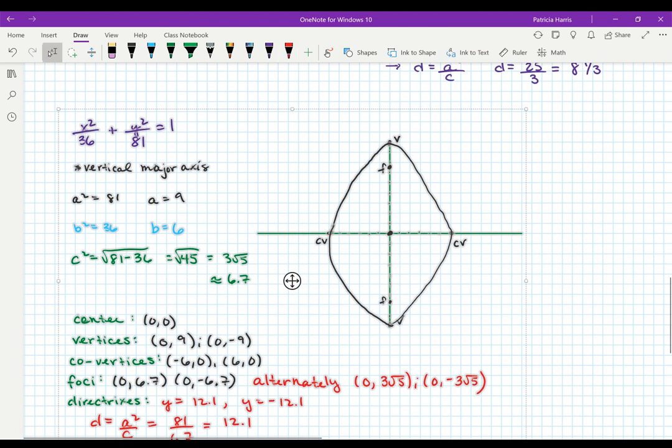And I made my graph a little too small. So let's do a little extending. Remember, so it's going to be perpendicular to that major axis. So if that's 9, 10, 11, 12, 12.1, that's not very straight.